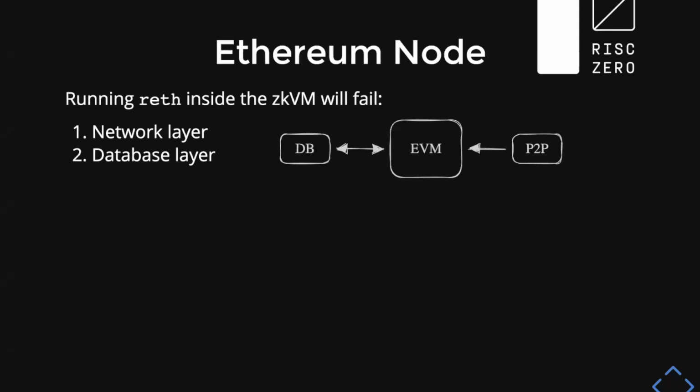Even if you emulate the database and the hard disk somehow in memory, you still need to make sure the data that is supposed to be in this database is trusted, or it's useless in a verifiable context. So because of those two reasons, it doesn't work as is.